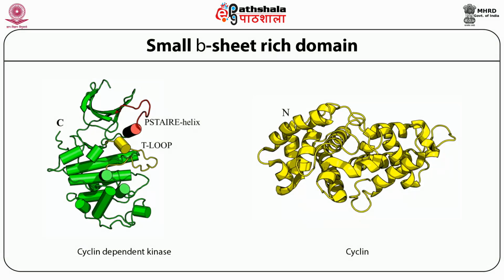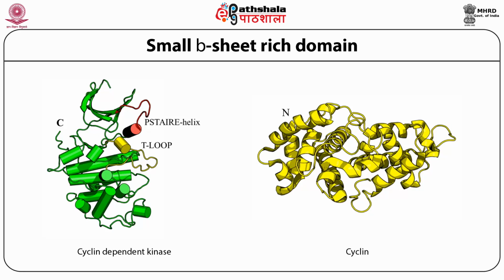In this slide, I am showing you both independent structures. The cyclin-dependent kinase has a large C-terminal domain which is full of alpha helices and a small N-terminal domain which is full of beta sheets. These two domains are connected by two loops.